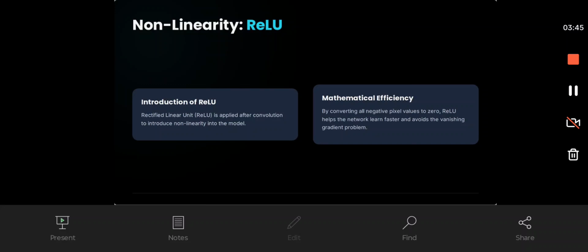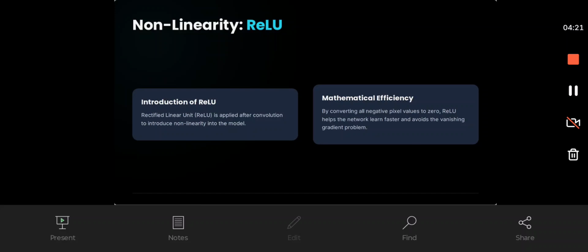Without non-linearity, the neural network would behave like a simple linear model and would not be able to learn complex patterns. ReLU works very simply. If the input value is positive, it keeps the value. If the input value is negative, it is converted to 0. This improves computational efficiency and also helps solve the vanishing gradient problem. As a result, CNNs train faster and perform better.